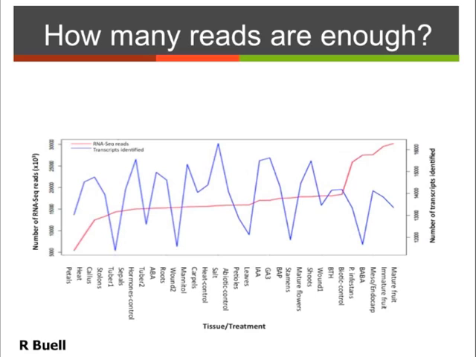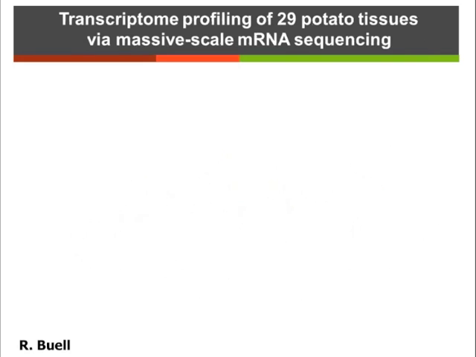The lowest one right here is, I believe that's tubers, maybe? Or no, that's sepals. And then this one up here is salt stress. So there's only a very weak correlation between the number of reads you have and whether the gene's expressed. And once you reach a certain threshold of about 5 or 10 million reads, you've sampled as many transcripts as you can.